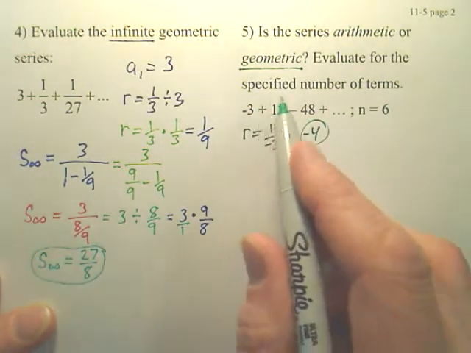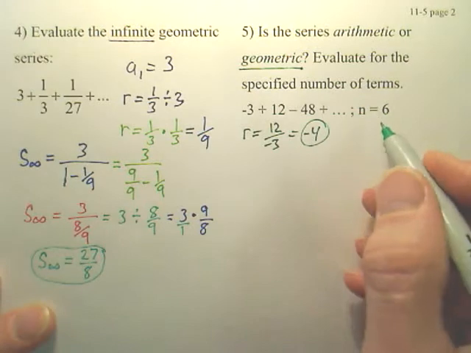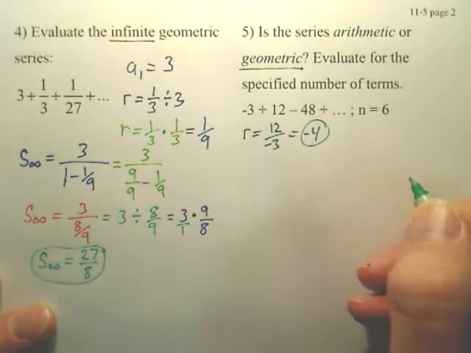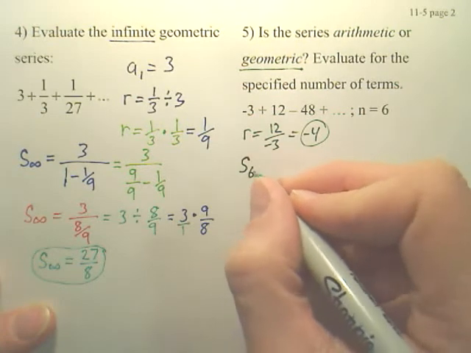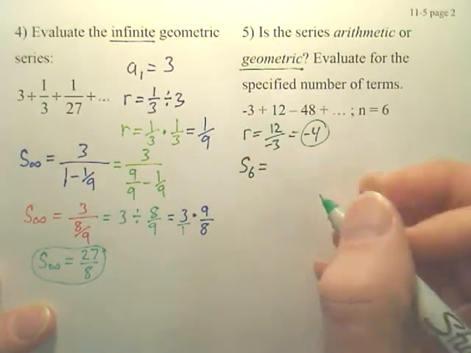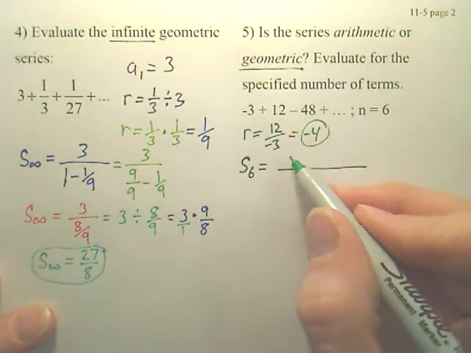Now, if you want to find the series, you know this is a series because they're plussing or minusing. And n equals 6 means how many terms? So I'm going to sum the first 6 terms. For the formula, you start off with what?